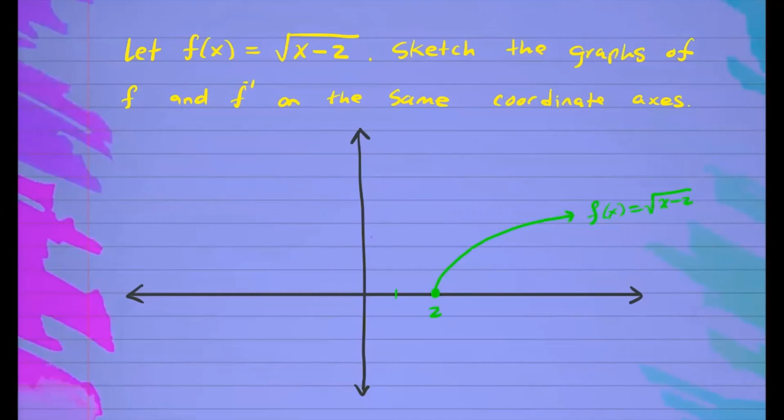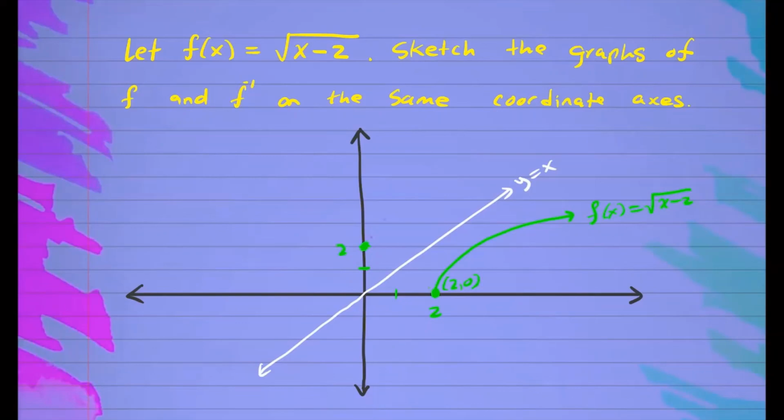So we're going to go ahead and draw the line y equals x. So here's our line y equals x. And we're going to reflect f of x about this line y equals x. So notice the point 2, 0, which is this one right here. It's going to become 0, 2. So suppose it'll be somewhere up there.